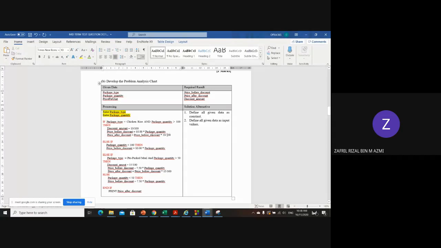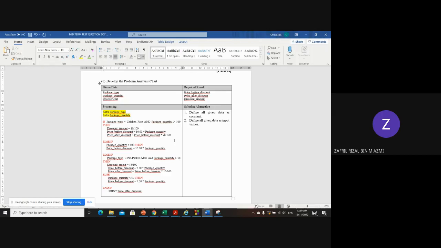Is it correct, guys? The real price that you need to pay is 90%, right? So 90% you need to pay, 10% you don't have to pay. Or you can do price before discount minus price before discount multiply by 10%. That one is correct.